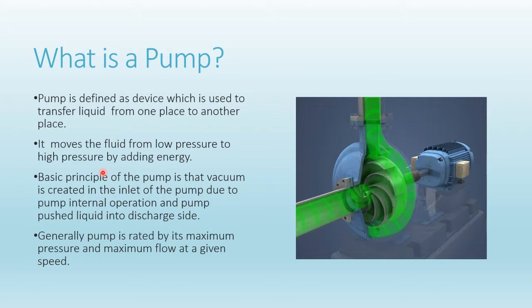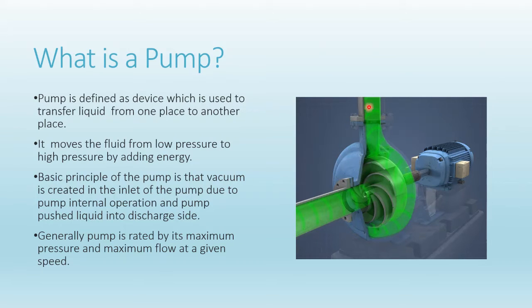So we will learn about the basic principle of this pump. The basic principle of the pump is that a vacuum is created at the inlet of the pump due to the pump's internal operation, and the pump pushes the liquid into the discharge side. This is called the suction, and this is called the delivery.